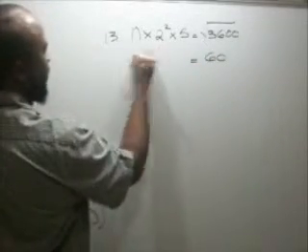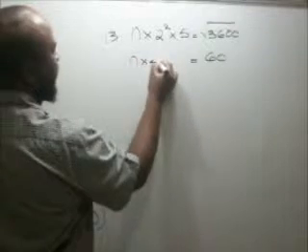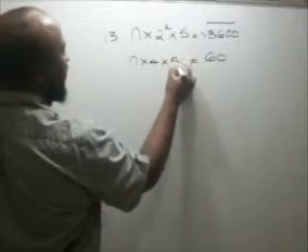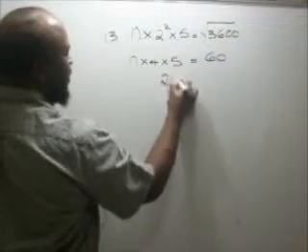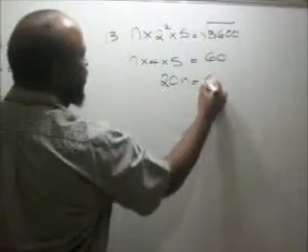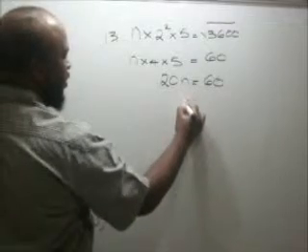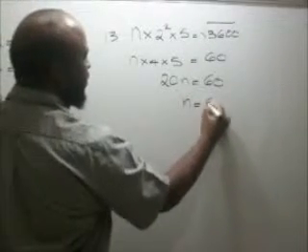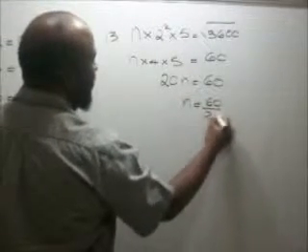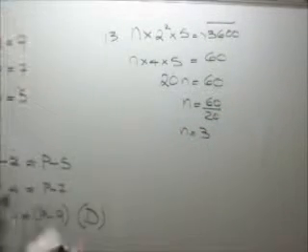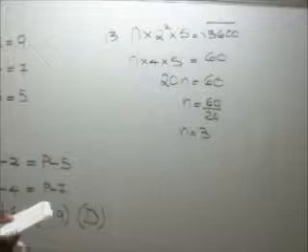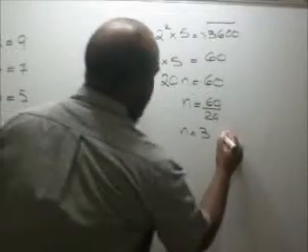So what we have here is n times 4 times 5 is equal to 60. So we have 20 times n is equal to 60. Therefore n will be equal to 60 divided by 20. N is equal to 3, and that is A.